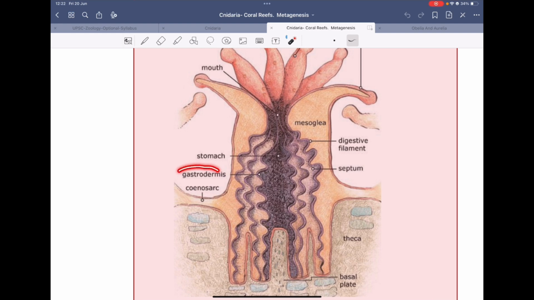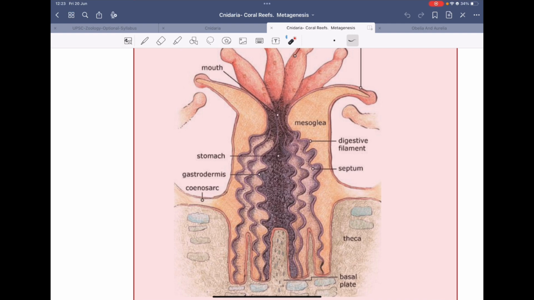You will see there is gastrodermis, the layer that surrounds the coelenteron. Then you will see the digestive filaments inside it. There is a septum, and there is mesoglea.